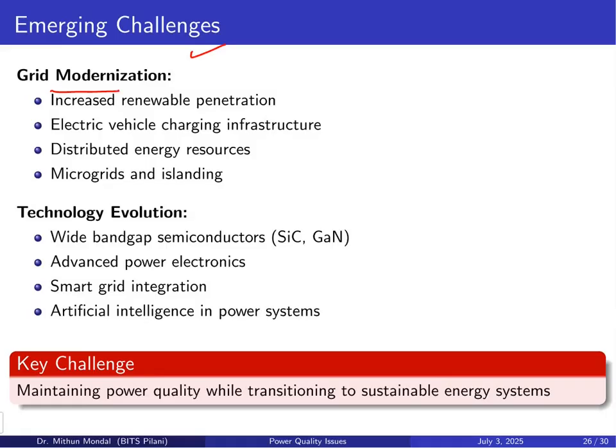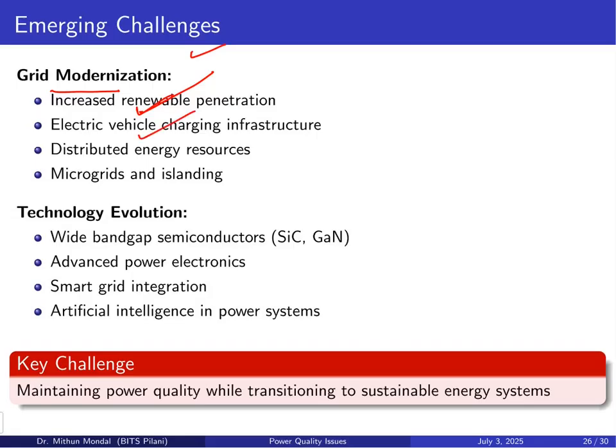The grid modernization. We have increased renewable penetration. With the ever-increasing demand for electric power, the dependency on non-renewable energy sources has to be reduced. We are moving towards renewable energy, and due to this increased renewable penetration, a lot of issues are coming.